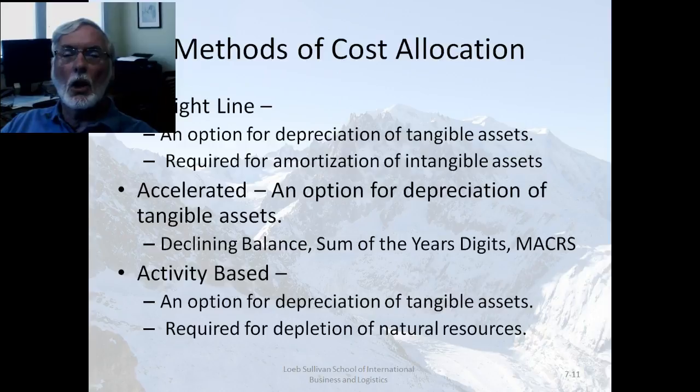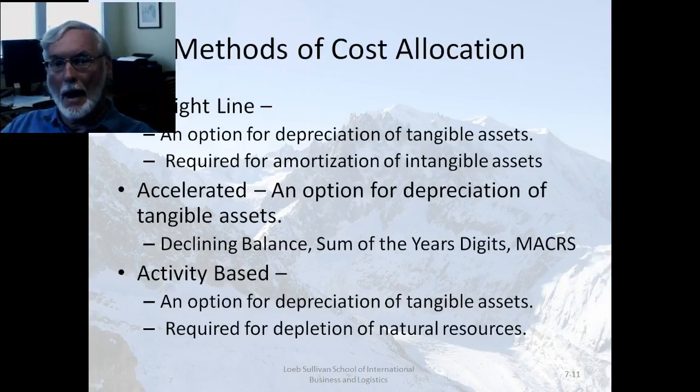As its life goes on, more things start to go wrong. So I have more downtime, therefore less productivity in the asset. So therefore, to match the cost allocation to the revenue generation, I want to allocate more of my costs early in the life of the asset, and less of the costs later in the life of the asset.